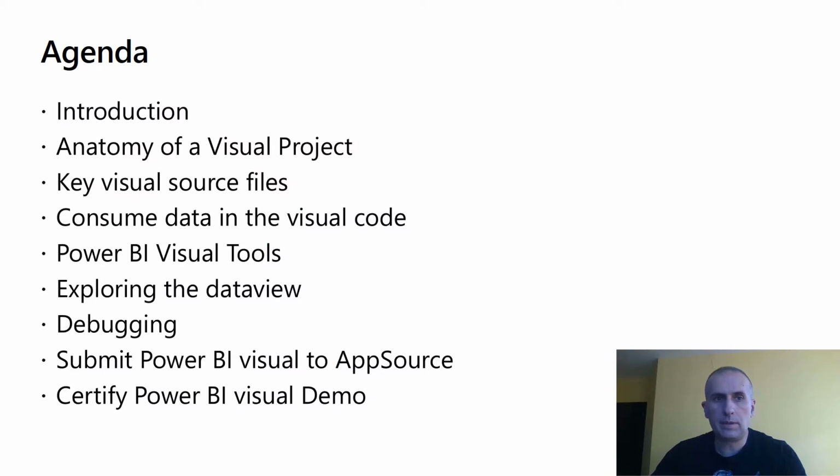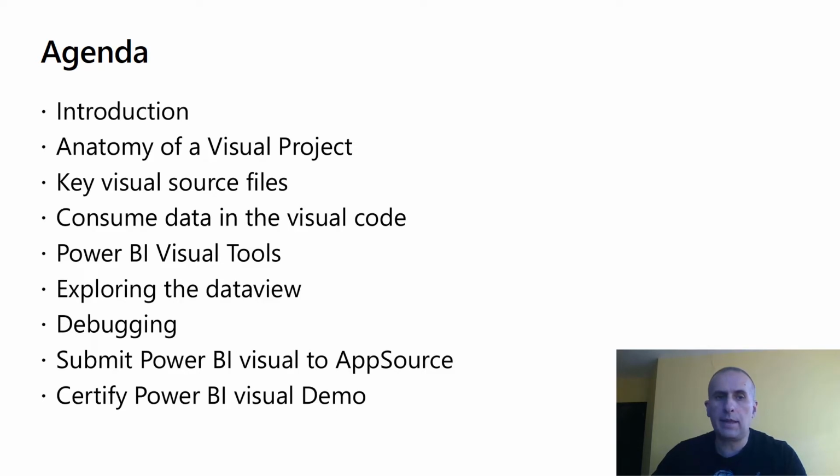Let's see what we will cover in this session. We will talk about the anatomy of a visual project with all details which are needed to start. We will also cover key visual source files. We will see how to consume data in the visual code. We will get familiar with Power BI visual tools. We will see how to use the data view component.